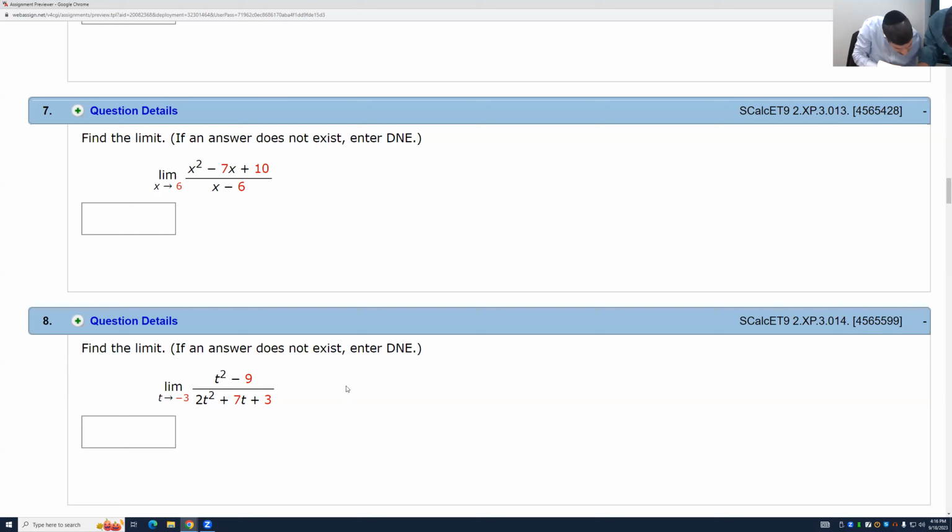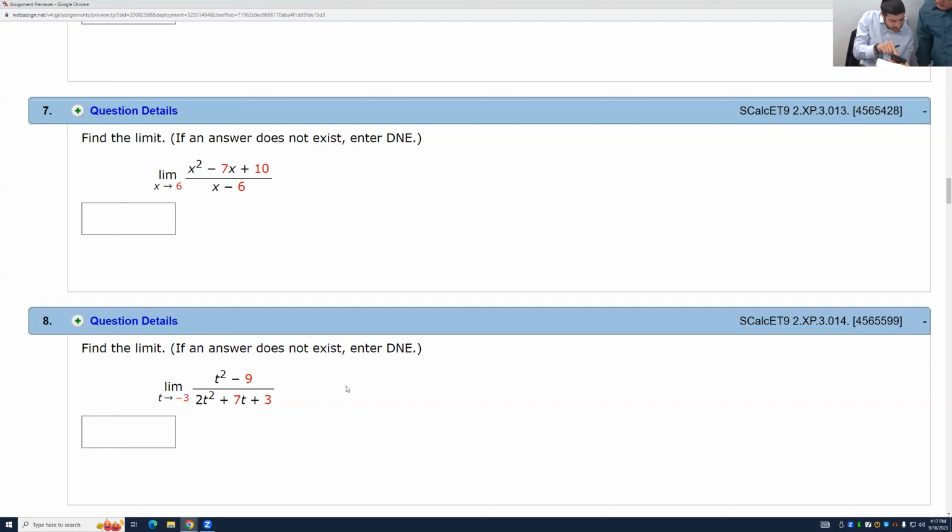Yeah, I understand it, but this part I don't understand. Use the graph to determine where the limit does not exist. Oh, okay. So you got this graph? No, this one. Let's see. It's the right graph. Yeah, okay. So where does the limit not exist? Well, I think -1. Exactly, -1.